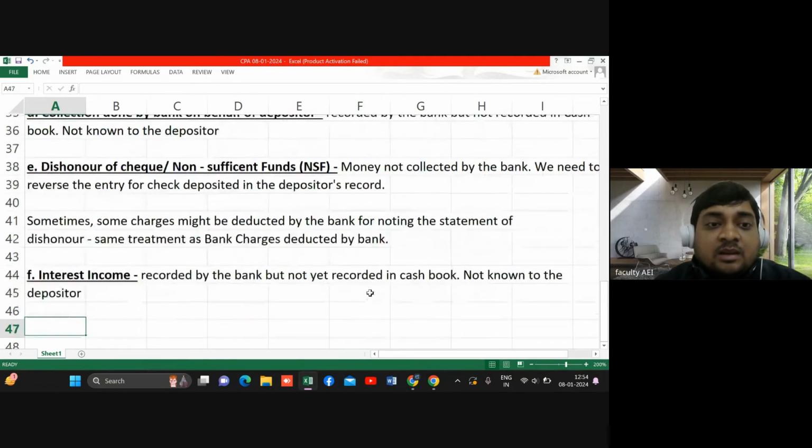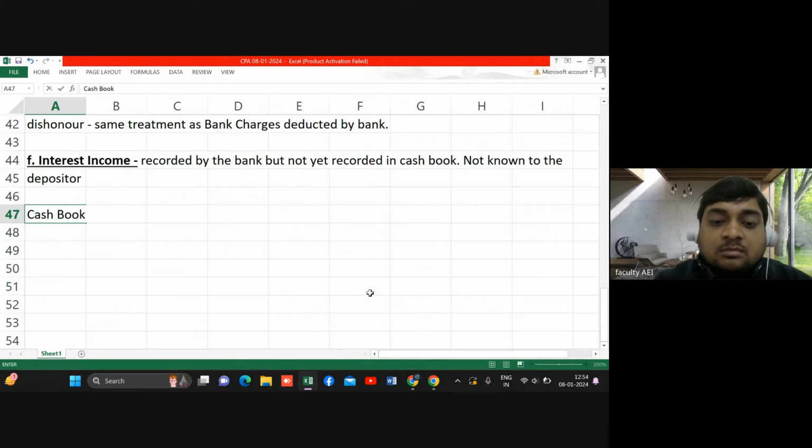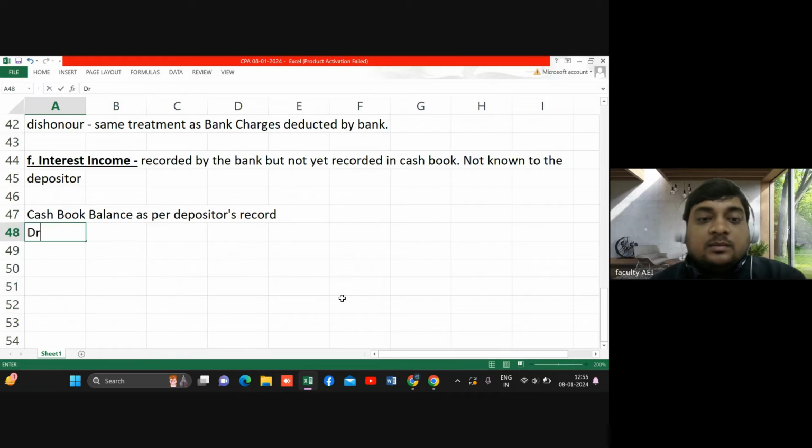Right now, this is cash book balance as per depositor's record, right?